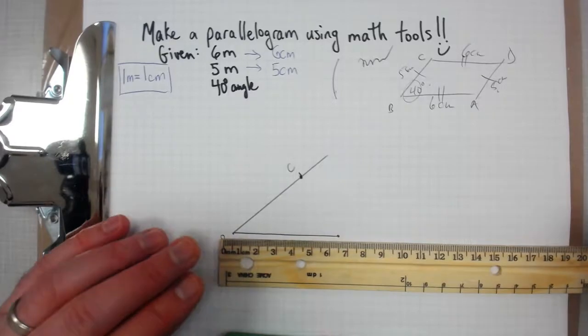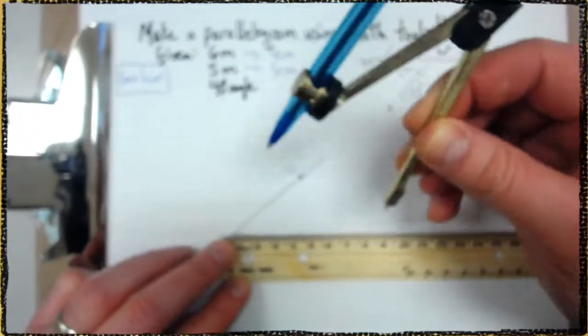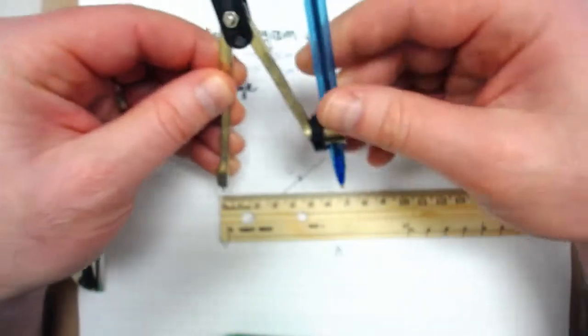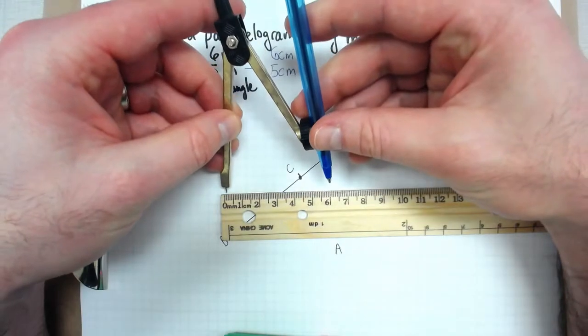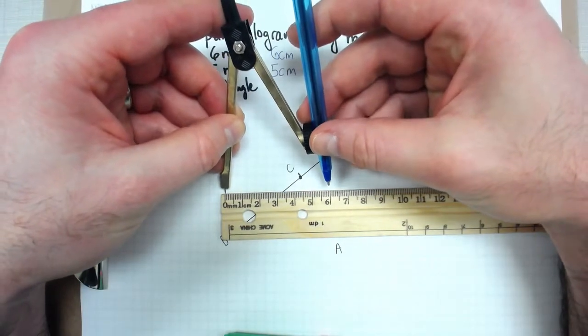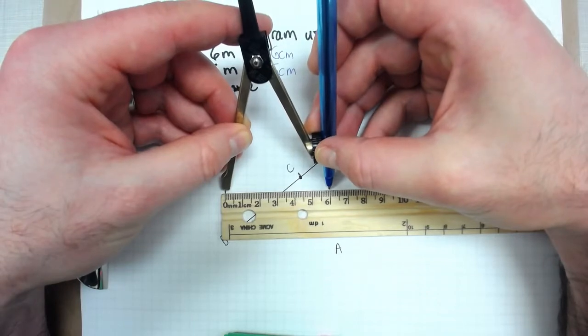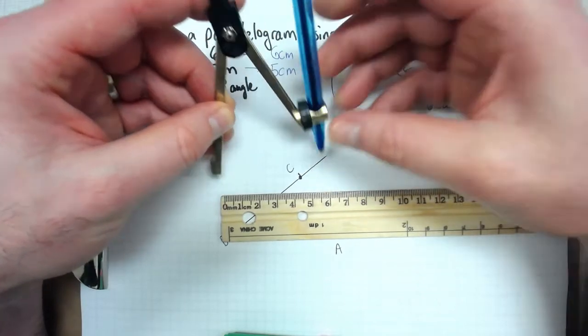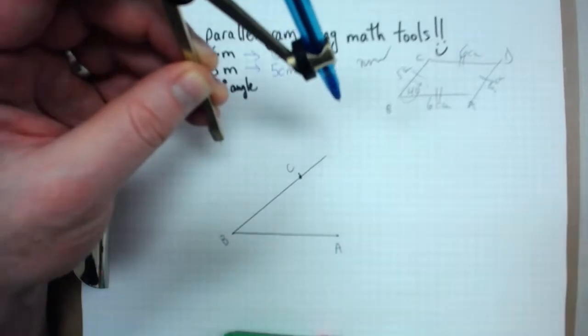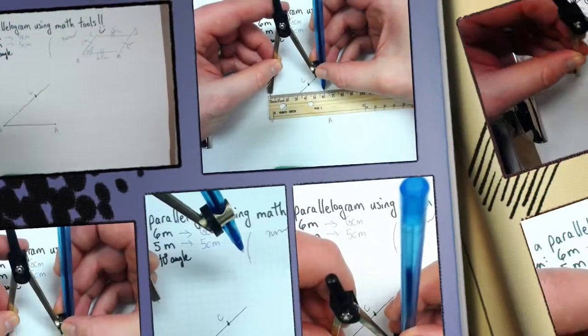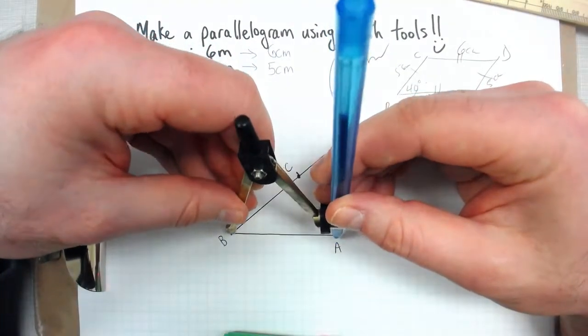Now we've already measured on the paper. So what I'm doing, let me clarify so you can see it better. Put my pointer on the 0 and set the tip of your pencil or your pen to the 6. Why? Because I need a 6 centimeter gap. And double check it.